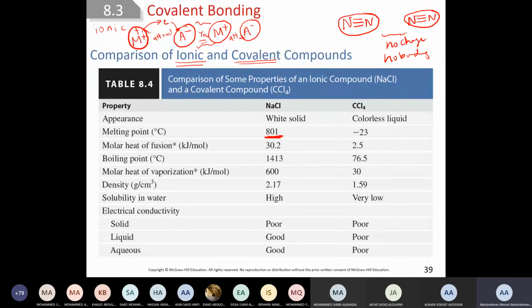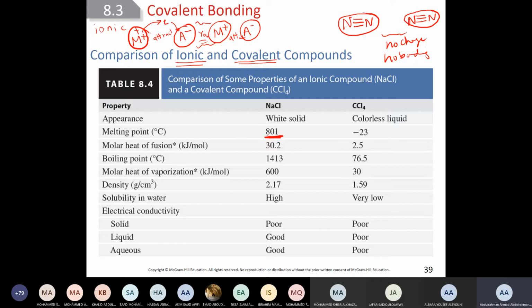That's why there is no attraction between them. And that's why, what's the melting point of nitrogen? Nitrogen is a gas. This is clear, because there is no attraction at all between these molecules.